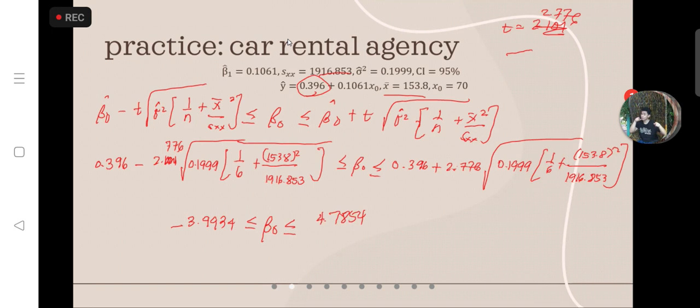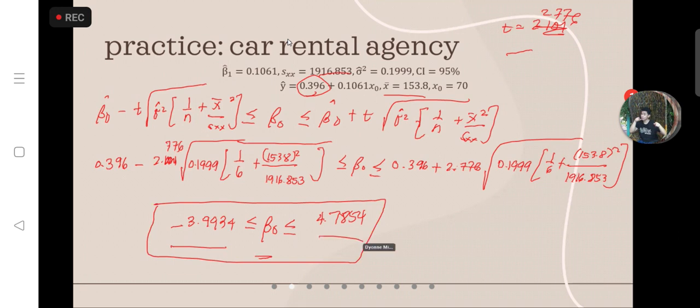So therefore, our value for B0, the exact value for B0, falls between negative 3.9934 and 4.7854. So we already have the confidence interval for the slope and the intercept.